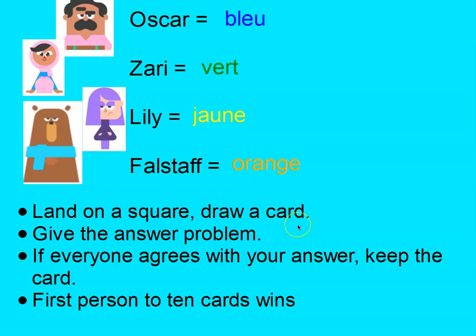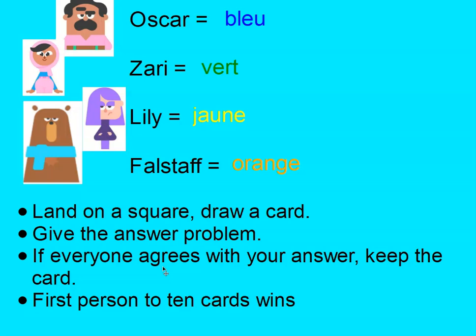The rules are very simple: land on a square, draw a card. You either answer the question or give the answer to the problem. Sometimes I'll say fill in the blank, because it's a Duolingo thing, so it's whatever the blank was. I like it when the students police each other. That's less for me to do, even though I'm walking around eavesdropping.